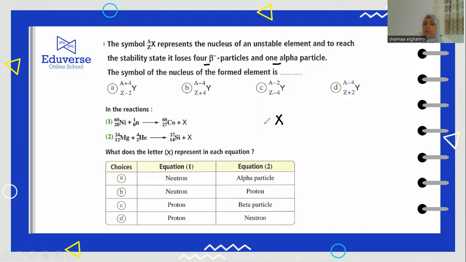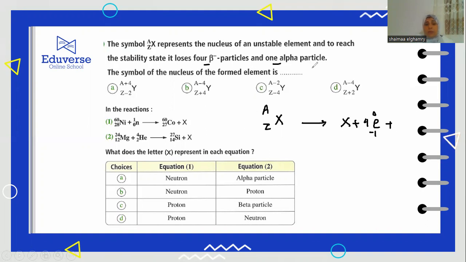Here I have X, Z, and A. Okay. Give us another X of unknown atomic number, unknown mass number, plus 4 beta particle, which is e -1, 0, plus 1 of what?